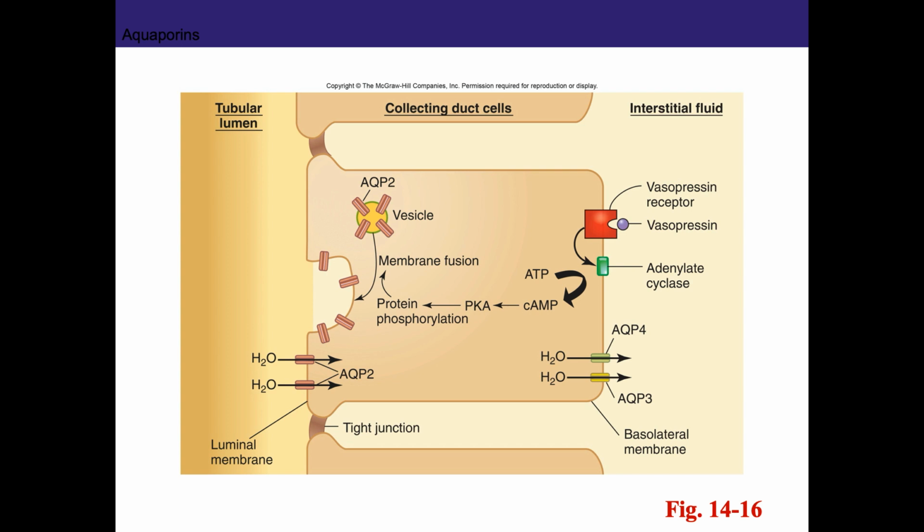As soon as this is triggered and the Gs pathway is activated, these aquaporin channels are immediately inserted into the apical membrane. You already have aquaporin 3 and 4, which are always in the basolateral membrane, but this is the inducible part of this mechanism. Now you have a complete pathway for the reabsorption of water.